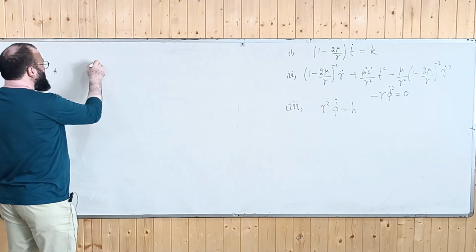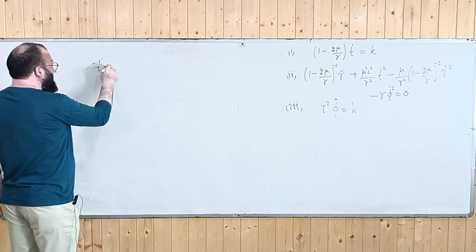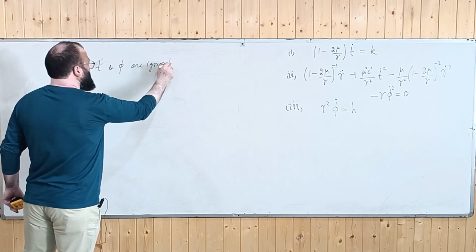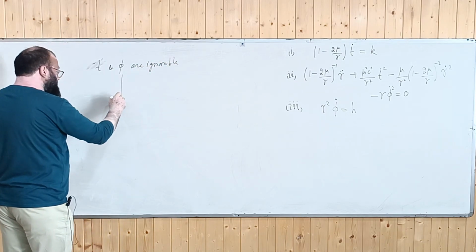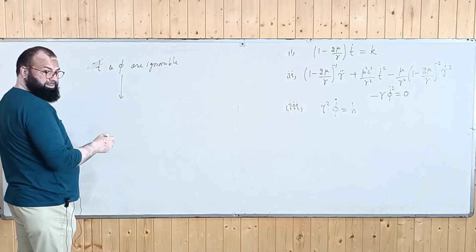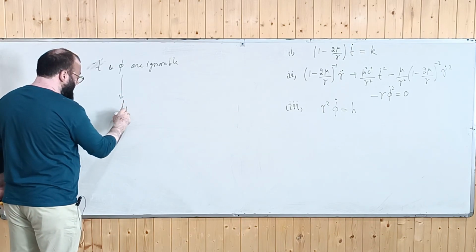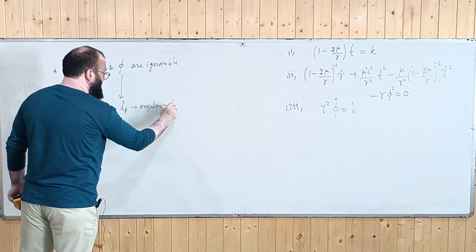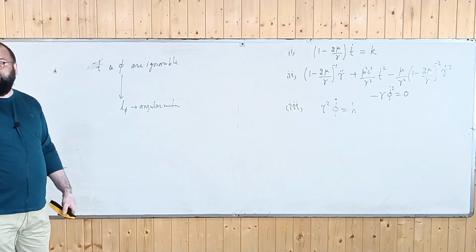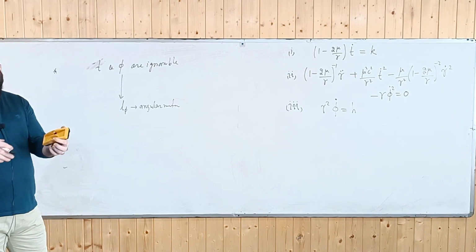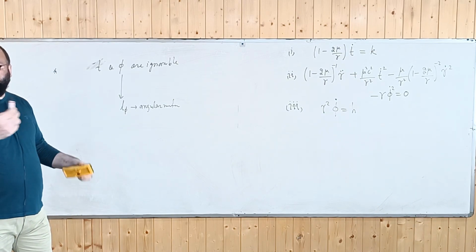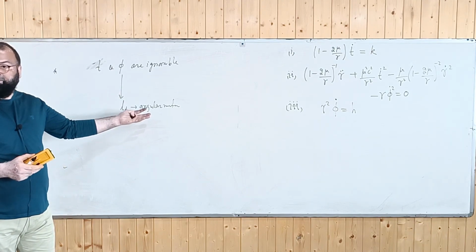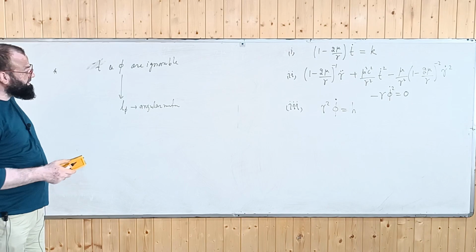Since theta and phi are ignorable, it means the conjugate momentum, let's call that L phi. What will that be? Angular momentum. Phi is an angle, so the angular momentum related to this phi will be a conserved quantity.